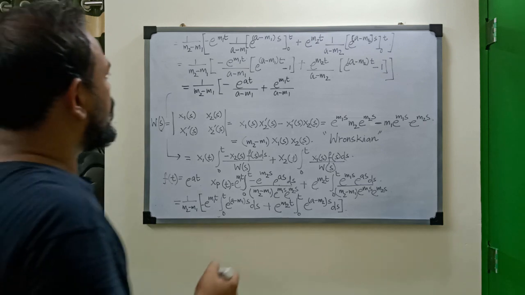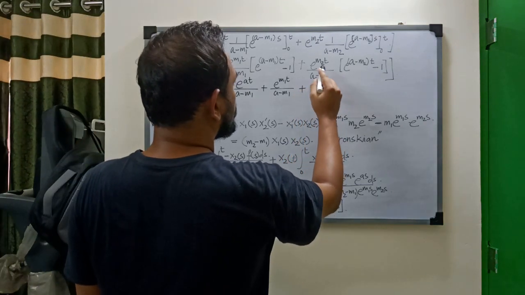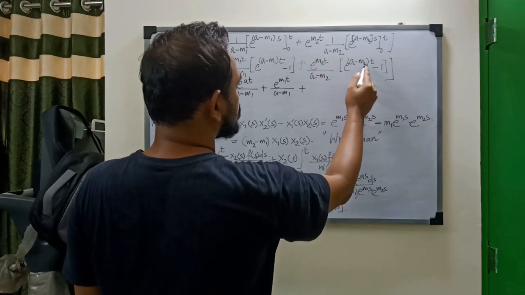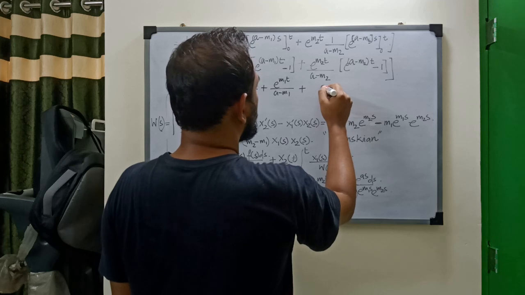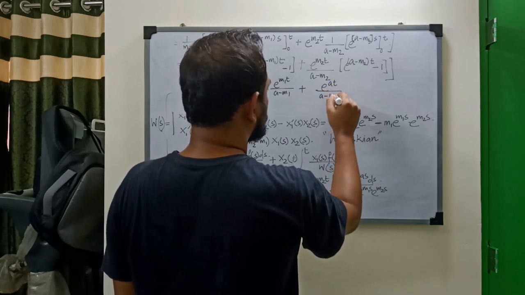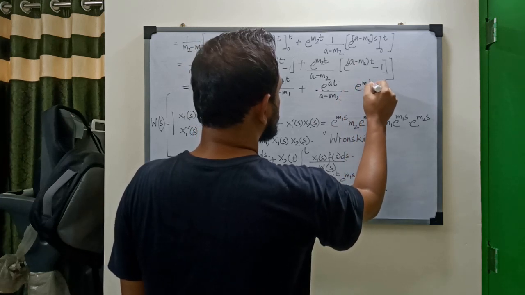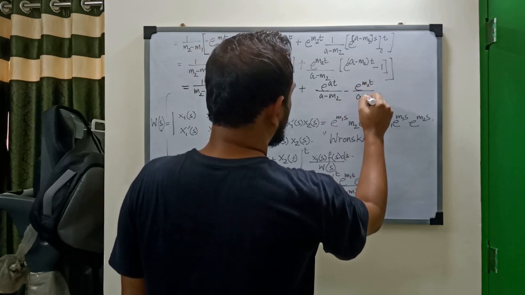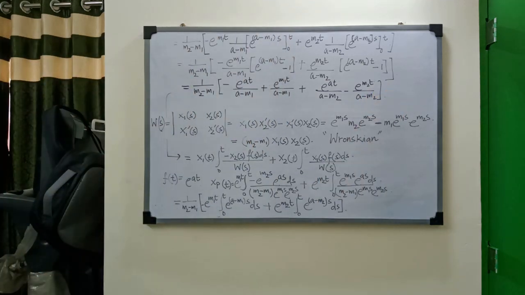Then for this one, e to the m2t will cancel with e to the negative m2t, so you're going to be left with e to the at over a minus m2 minus e to the m2t over a minus m2. Okay, so let's just figure that out.